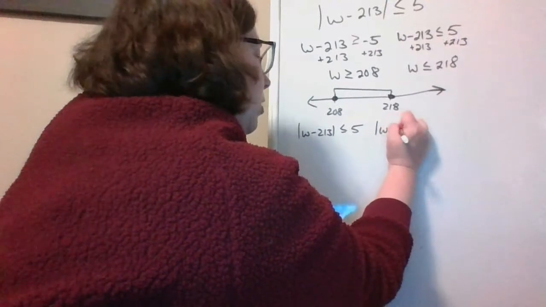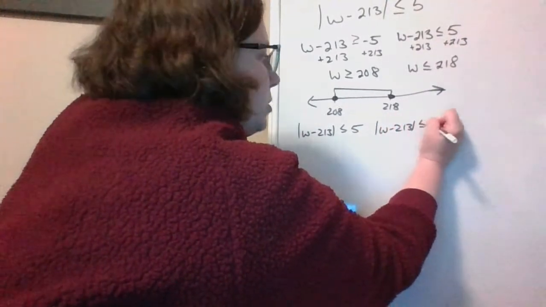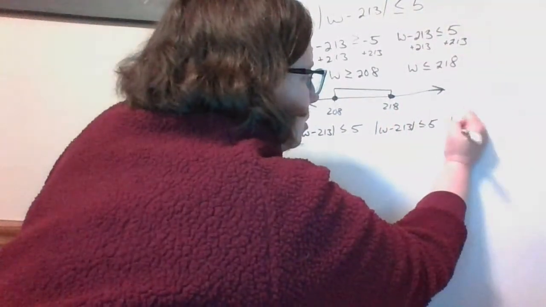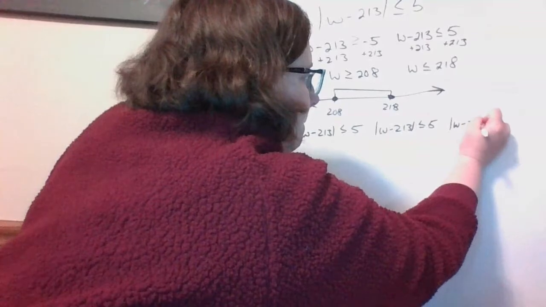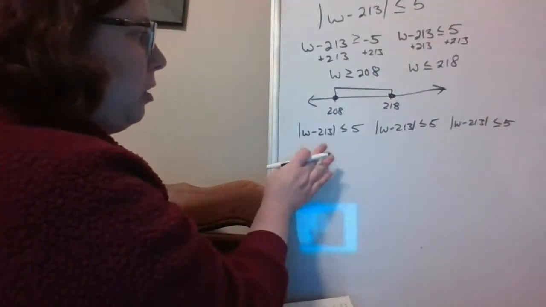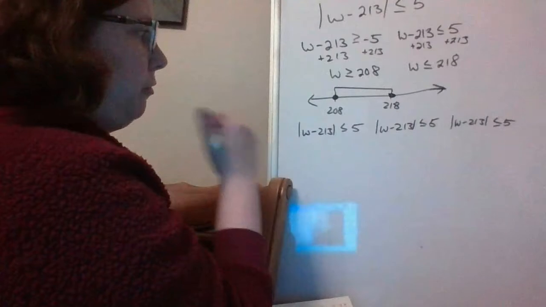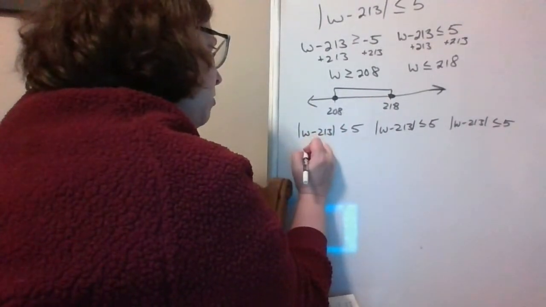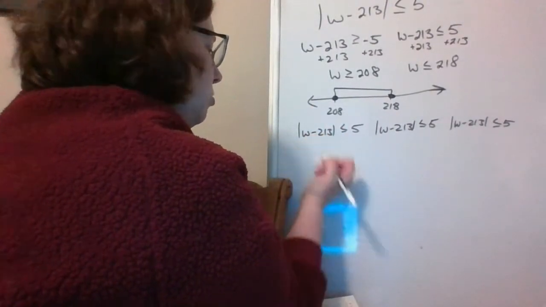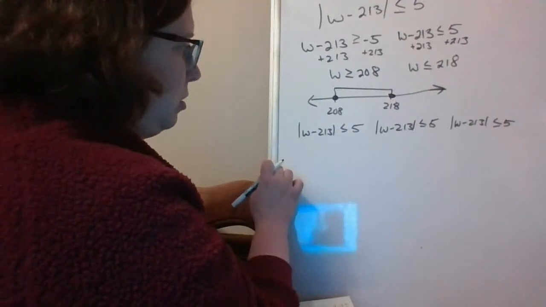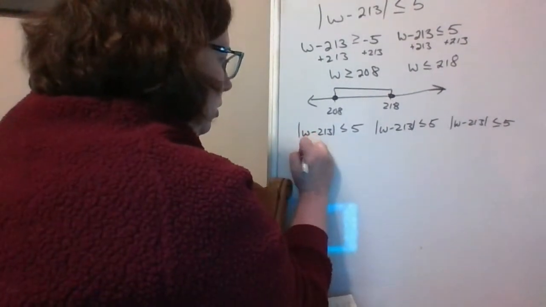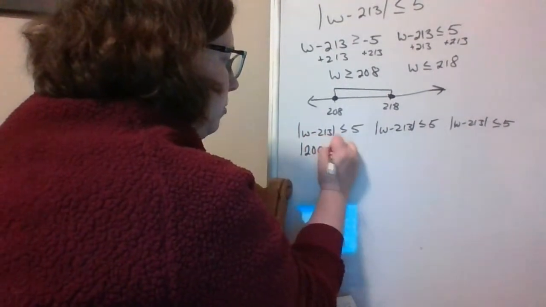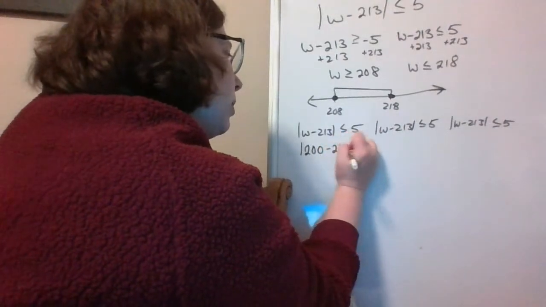We need 3 checks. For my left check, I'm going to use 200. 200 would be over here. Sorry, I was trying to think of something that would work well.